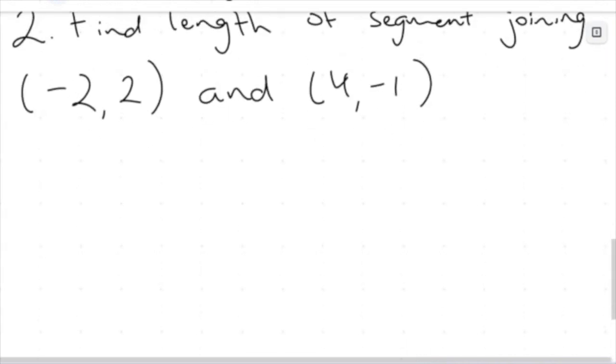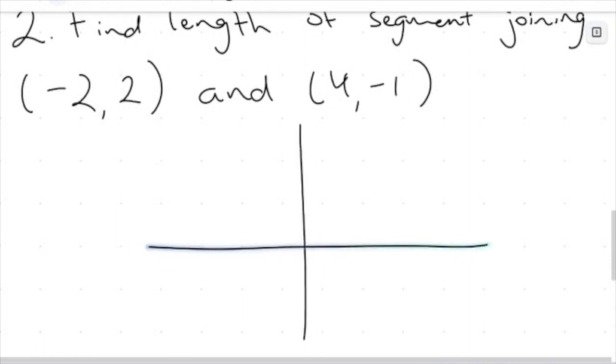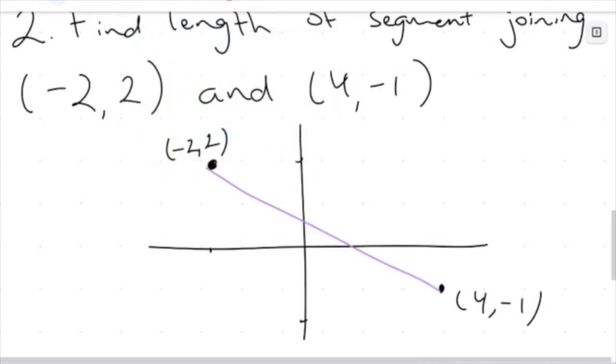So I'm going to draw this once again. I have the point -2, 2. That's this point up here. And I have the point 4, -1. And I'm going to draw a segment connecting these two points.